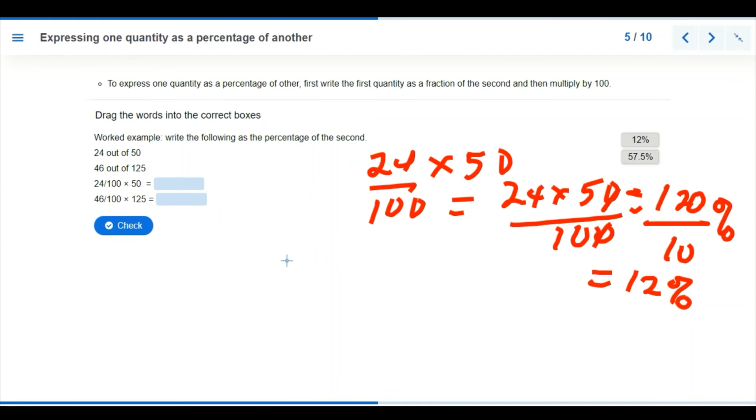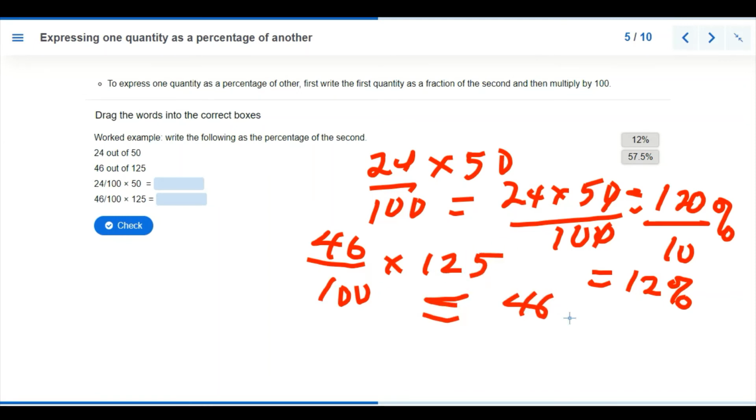12%. Now the second one, we are going to have 46 over 100 times 125. So by the time we multiply, we are multiplying 46 times 125, then you divide by 100. Remember, we are rating in percentage. So 46 times 125 divided by 100 will give us 57.5%.